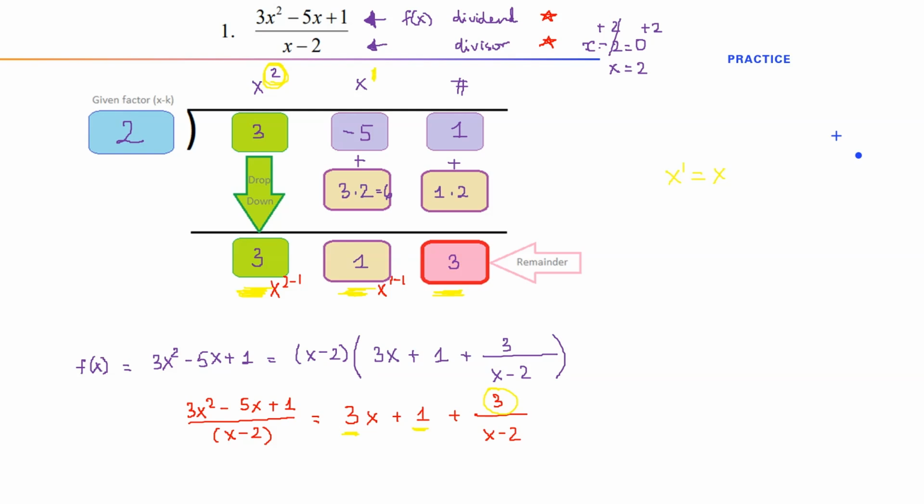When you are done with the process, it becomes x to the power of 1 minus 1, which is x to the power of 0, and that is 1. So you have 1 times 1 is 1. And then plus the remainder over the divisor. This is the remainder.